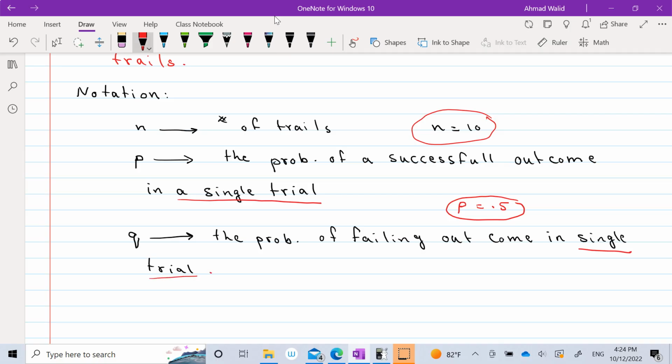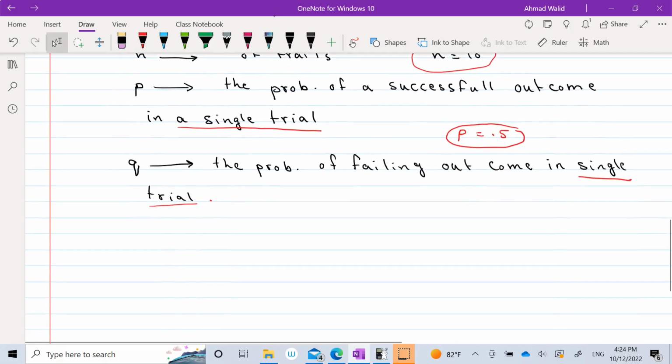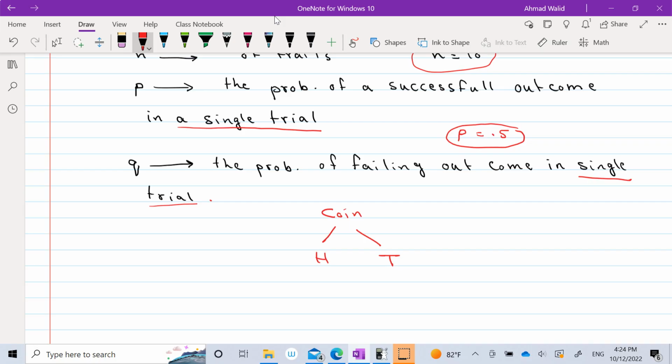See, if I want to explain here for you, for example, when you flip a coin, two outcomes, head or tail. For example, I'm looking for head. This is my success. Head will be my success, and my failure will be getting a tail.